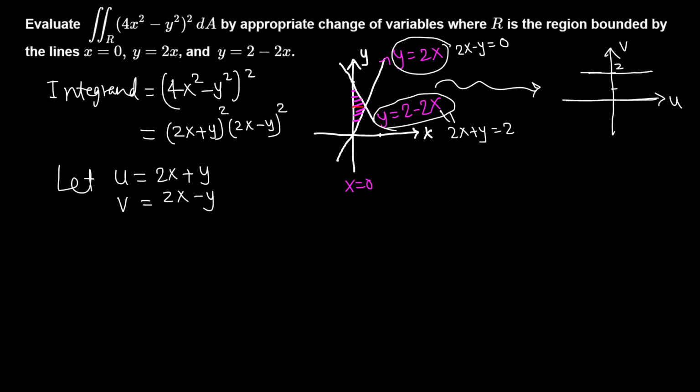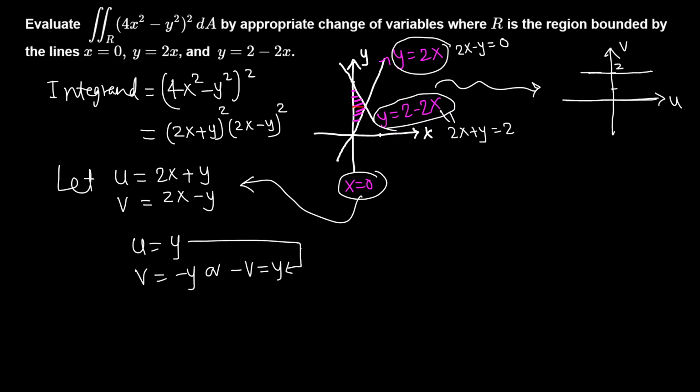Now we need to know what this line is, x equals 0, this part. To convert this x equals 0 line, let's plug it into our substitutions. So we get u equals 0 plus y, and v equals minus y. This is the same as negative v equals y, and these y's are the same, that means u equals negative v.